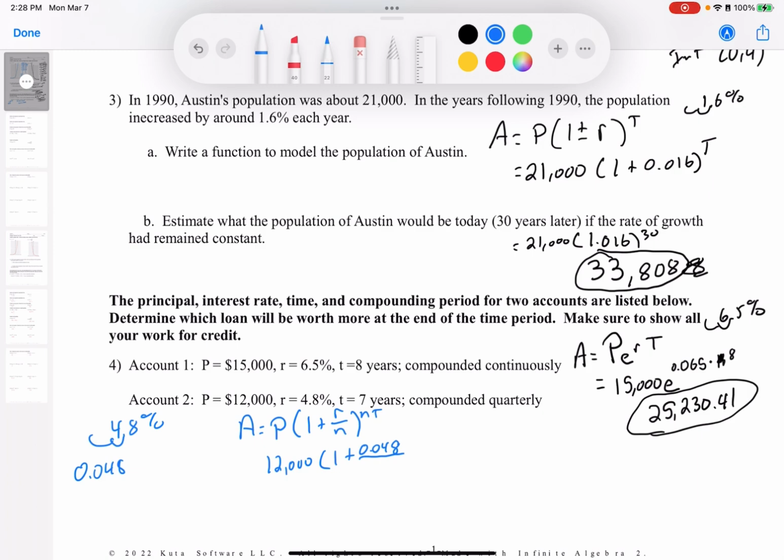Well, it says it's compounded quarterly, so that means our n value is equal to 4. So that's going to be 4, and then this is going to be 4 times the number of years, which is 7. So that's 12,000 parentheses 1 plus 0.048 divided by 4. And then I'm going to take that to 7 times 4 is 28.